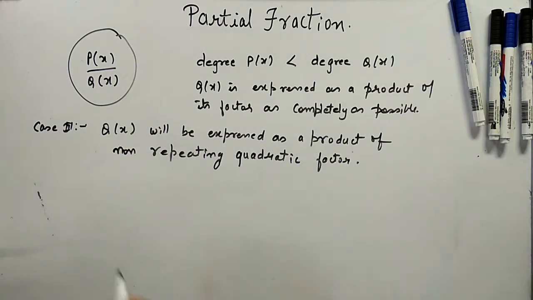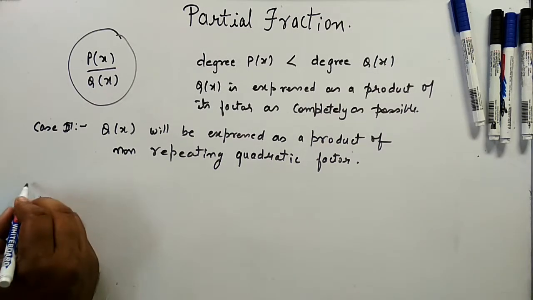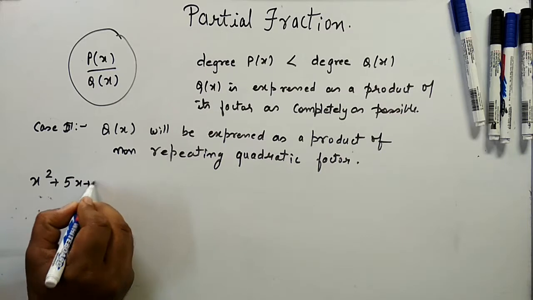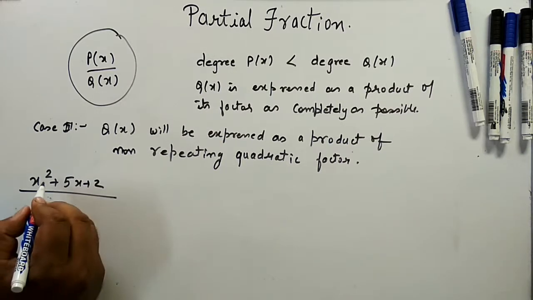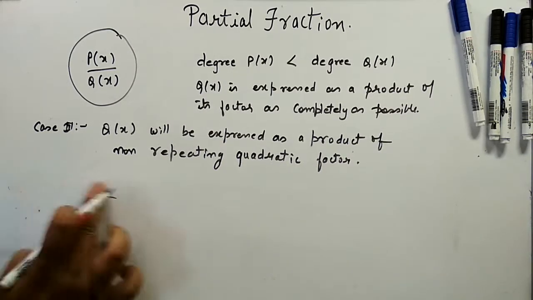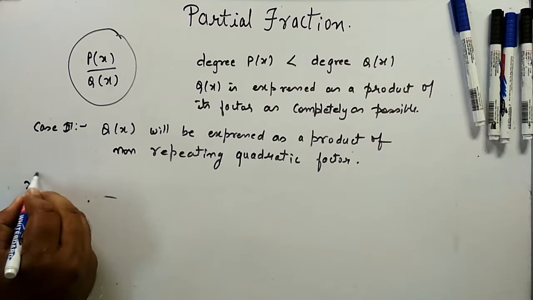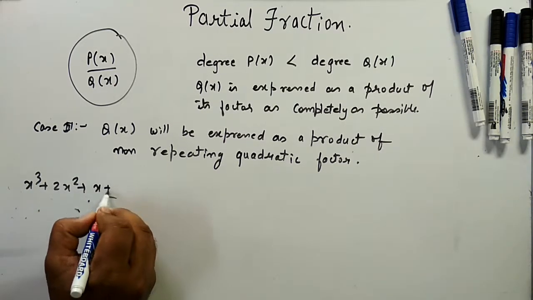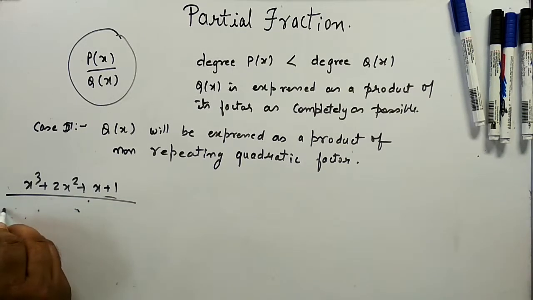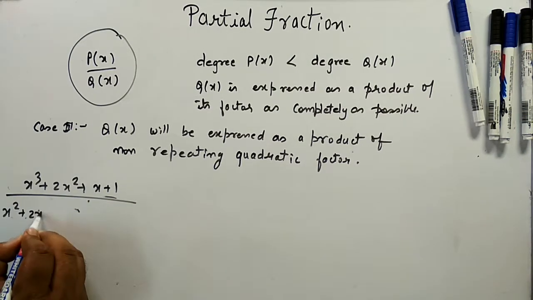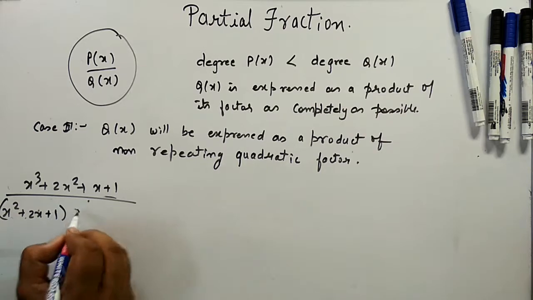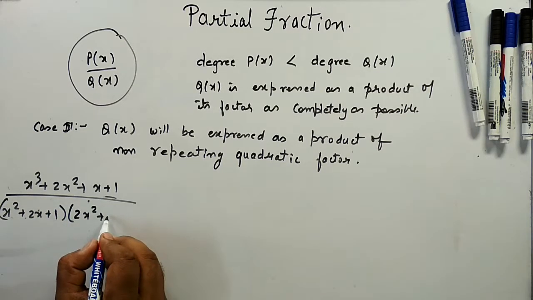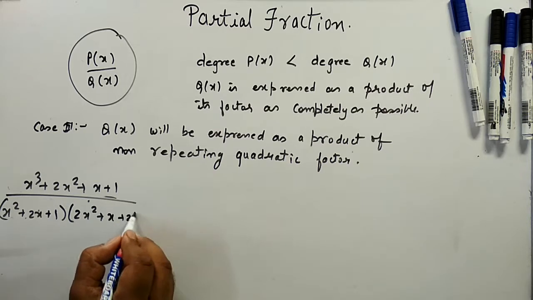Like if we take an example, that is x square plus 5x plus 2 by x cube plus 2x square plus x plus 1, that is, x square plus 2x plus 1 into 2x square plus x plus 2.